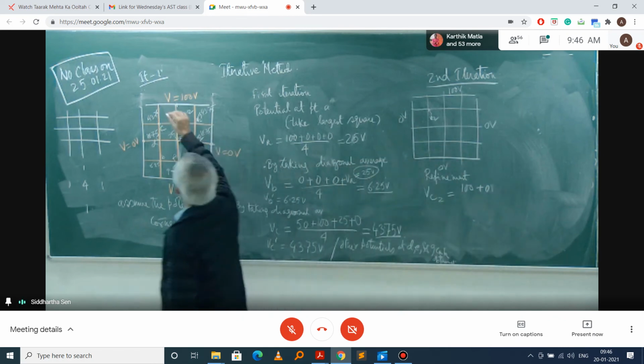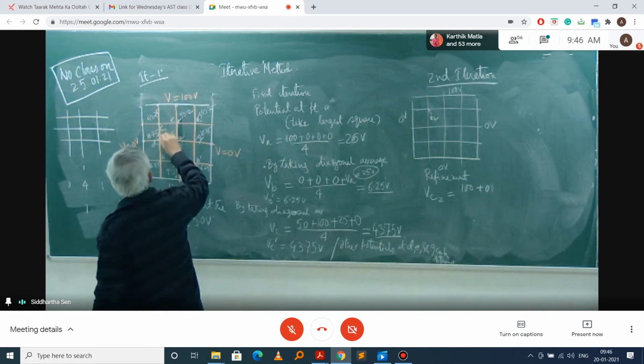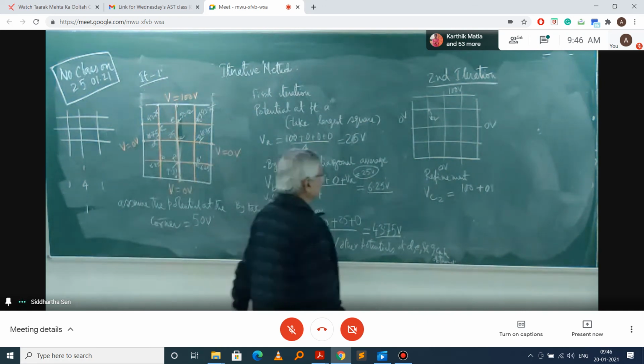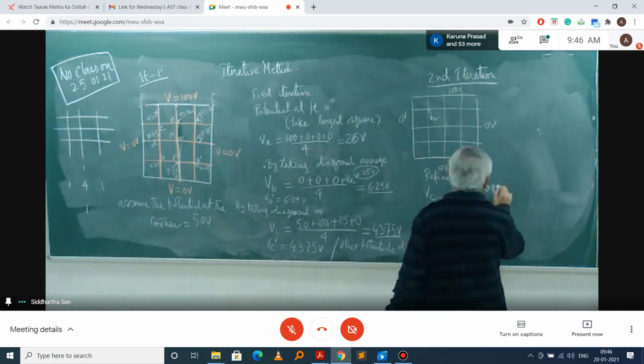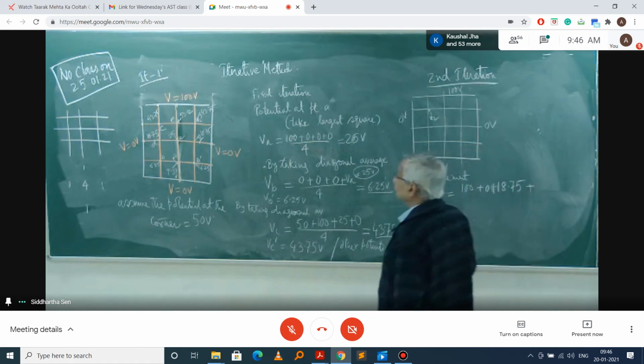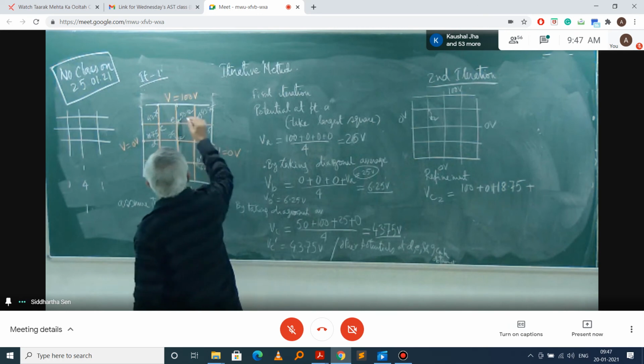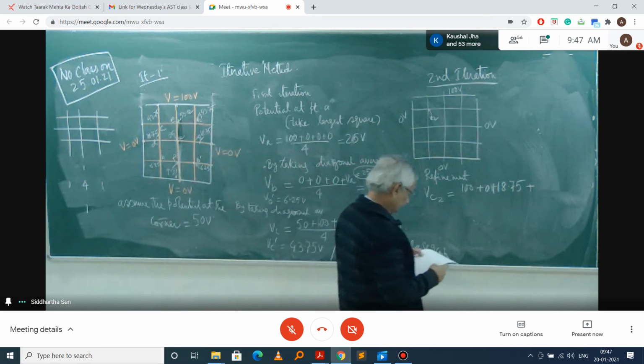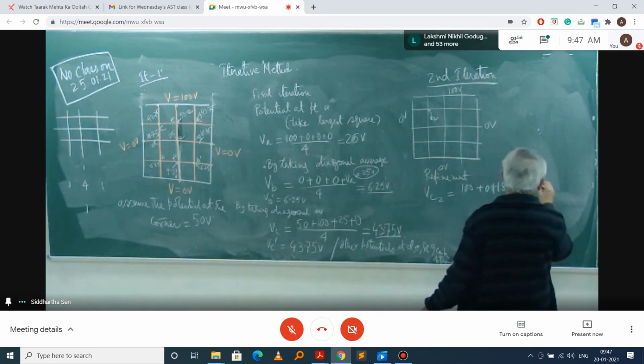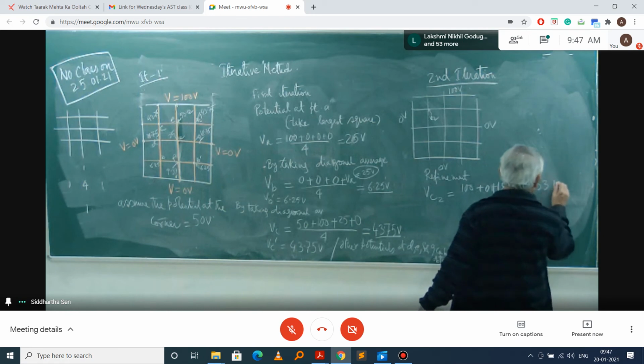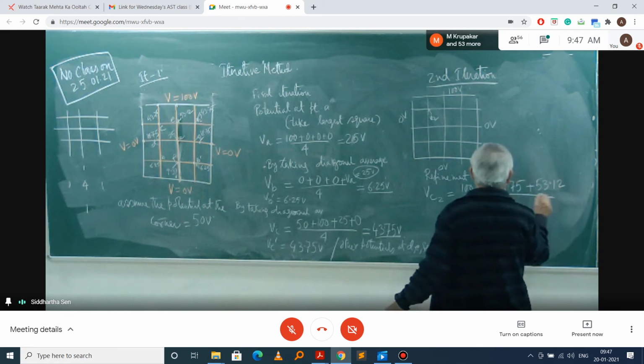This is 100 volt, this is 0 volt, and this is 18.75 volt. And this is 53.12 volt. Divided by 4.